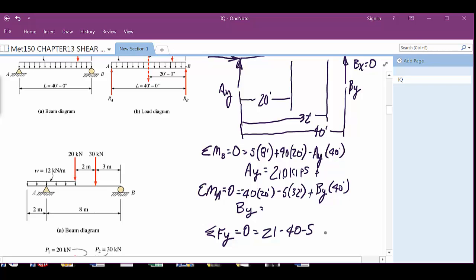Minus 5 plus BY. BY equals 45 minus 21 kips up. And that's what that should equal to, right?